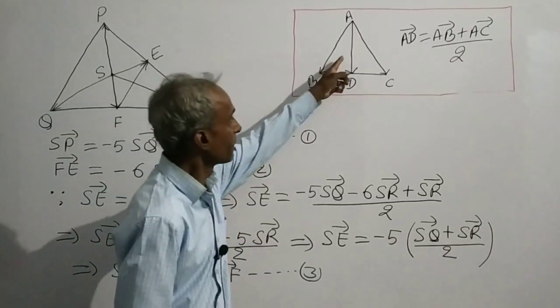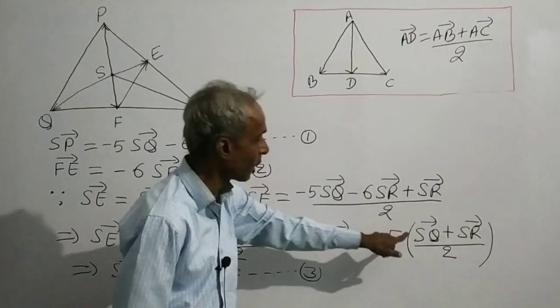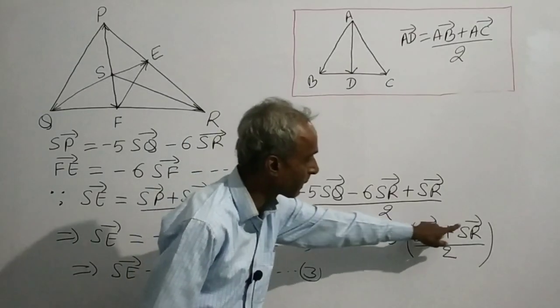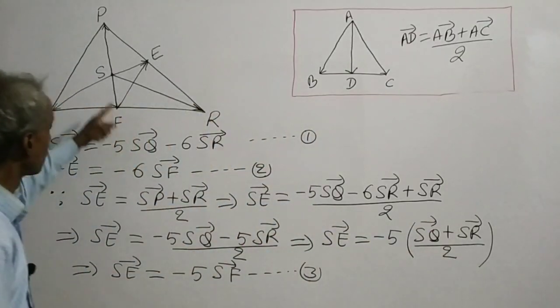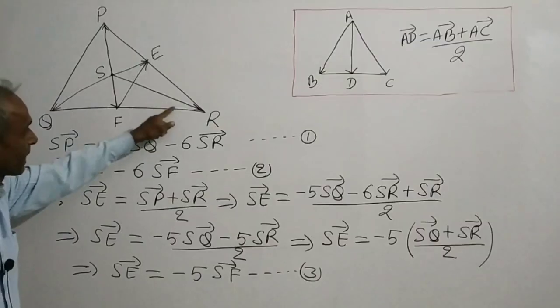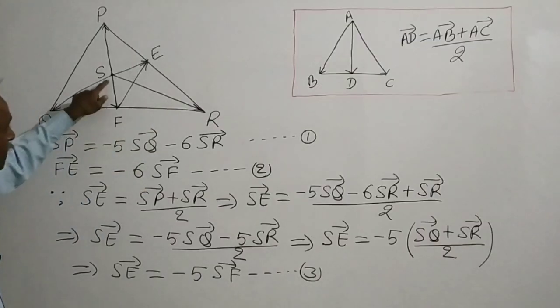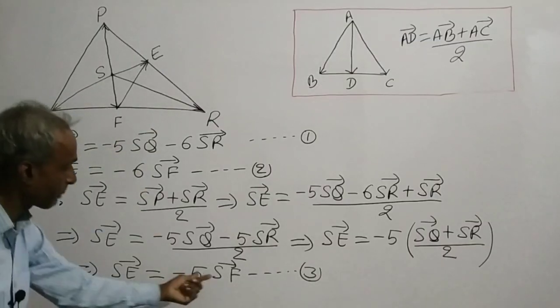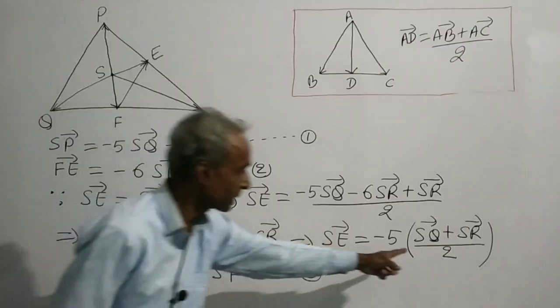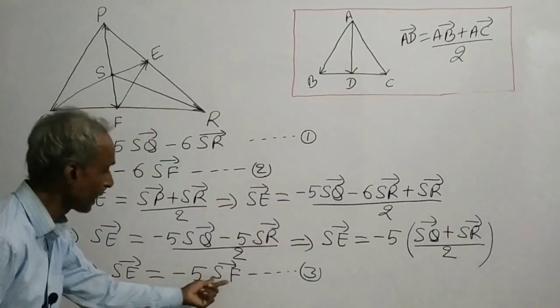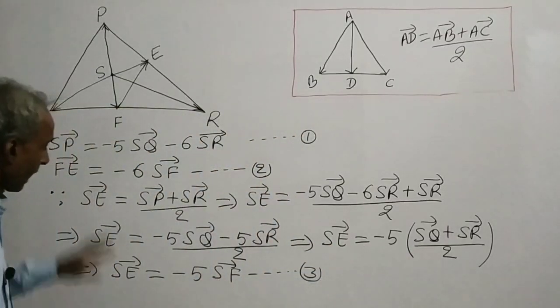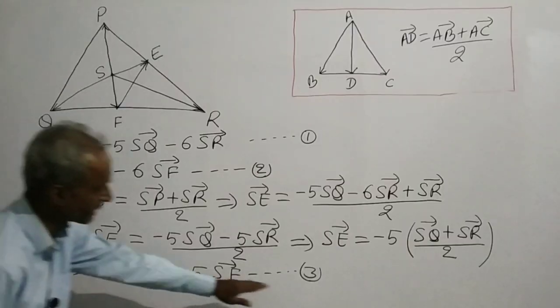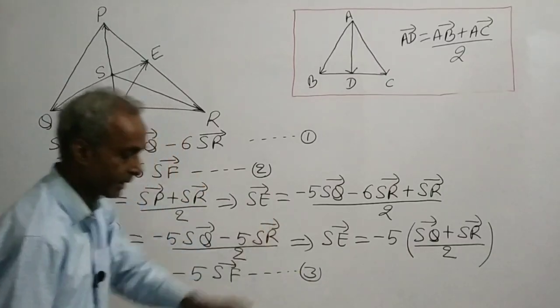Now, by using this section formula, (vector SQ plus vector SR) by 2 will be equal to vector SF. In place of this bracket, we write vector SF, and suppose this is result number 3.